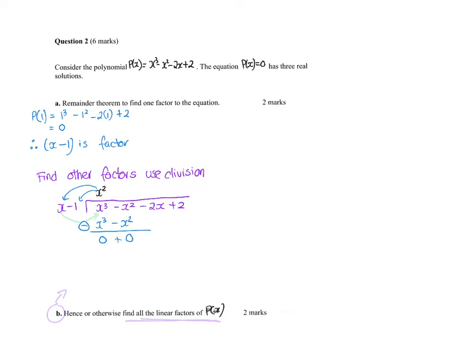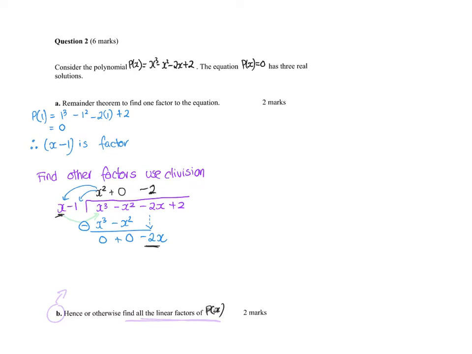Yeah? So we've got nothing there, so we're going to bring this guy down, minus 2x, and what we're going to say is x into minus 2x, what does it go? Minus 2.